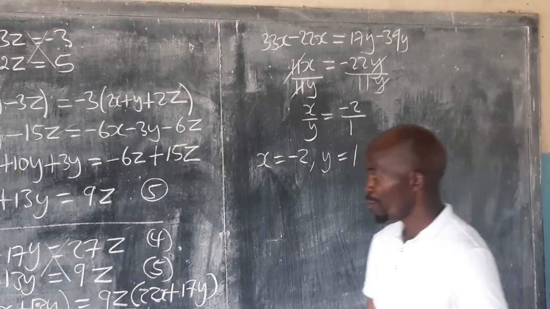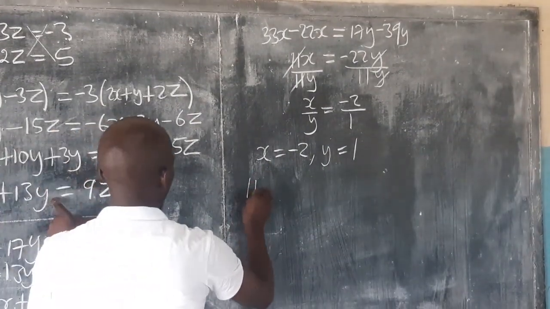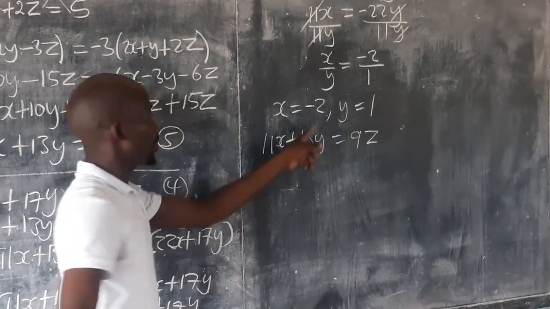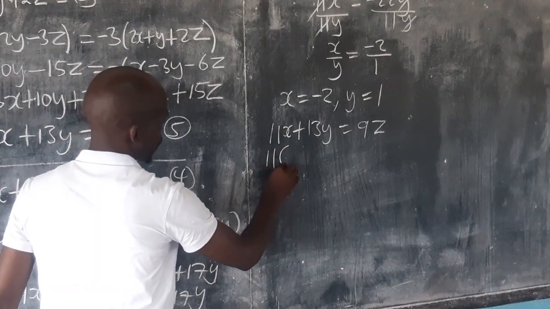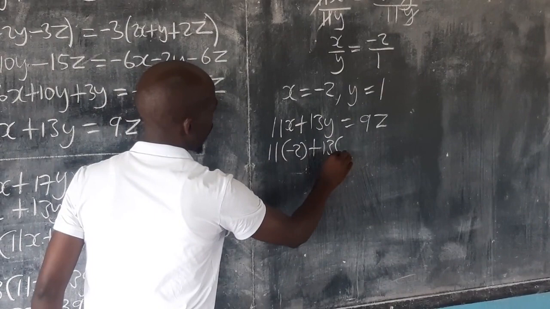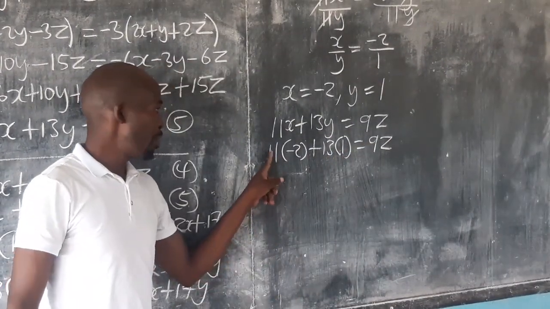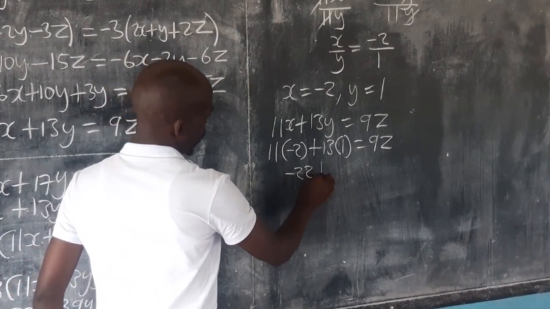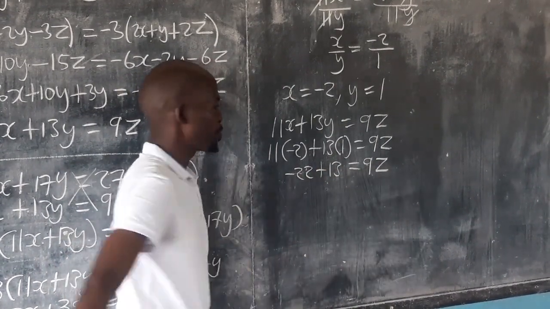So using the fifth equation, our 11x plus 13y equals 9z. I can substitute my x and y to find z. So 11 in place of x, negative 2, plus 13 in place of y, positive 1, equals 9z. 11 times negative 2 gives us negative 22, plus 13 times 1, 13, equals 9z.